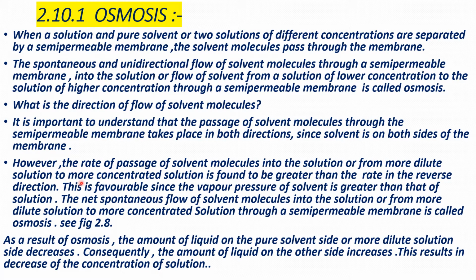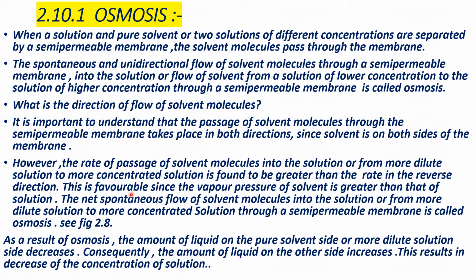However, the rate of passage of solvent molecules into the solution, or from the more dilute solution to the more concentrated solution, is found to be greater than the rate in the reverse direction.